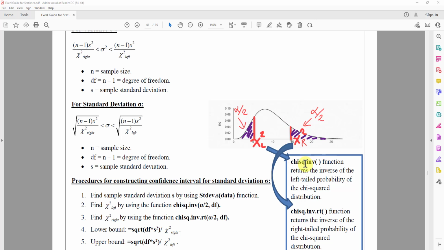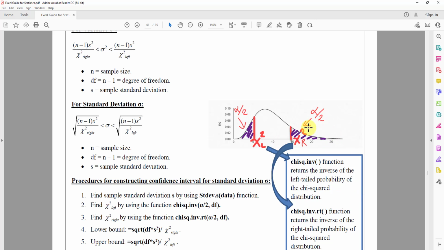So for the left chi-square, we simply use CHISQ.INV. Chi-sq stands for chi-square. This function returns the inverse of the left tail probability of the chi-square distribution.